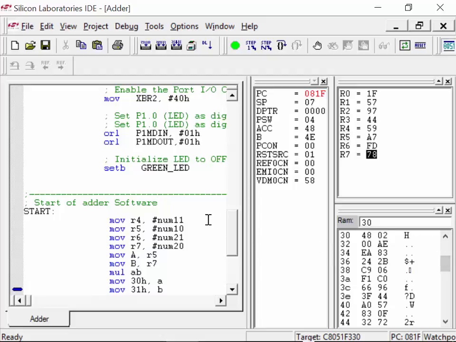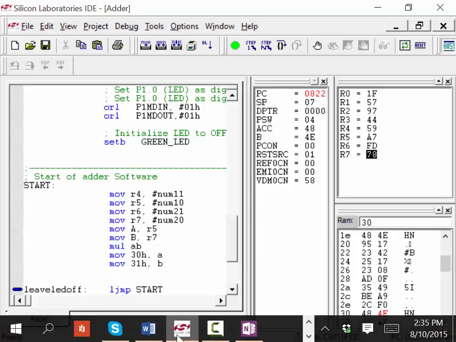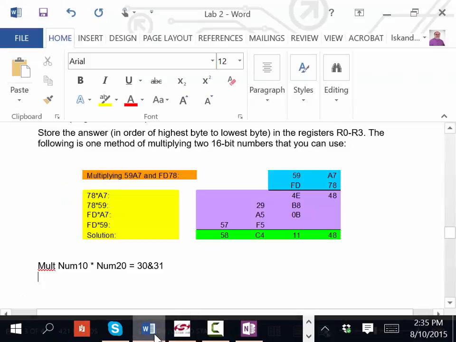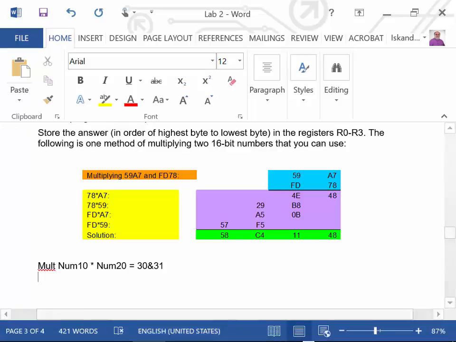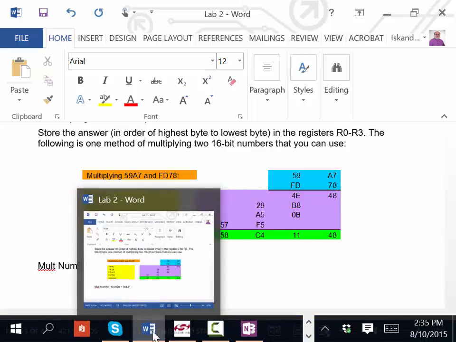Yeah, okay. There's our memory location 30: it is 484E, and that's expected to be. That's there.